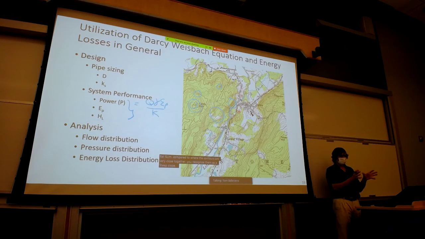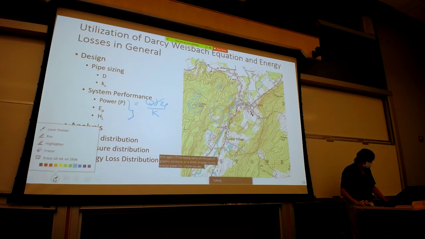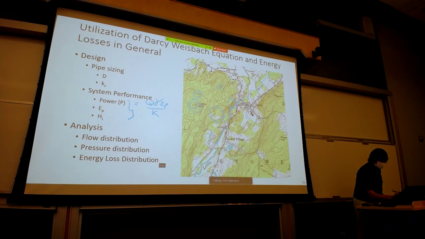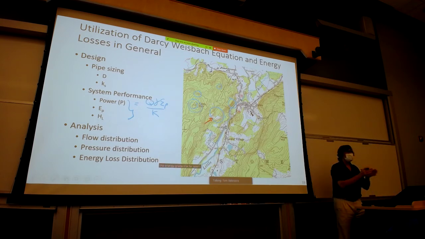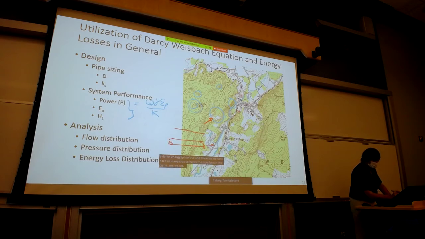And again, if the topographic contours are a direct analogy to the energy grade line, where we see the energy grade line far apart, we know we have a flatter energy grade line, and therefore we don't have as many slopes. So here's the pipe, flows in the pipe, and we see a flat energy grade line compared to over here, where we have the pipe again, and now we have a very steep EGL.